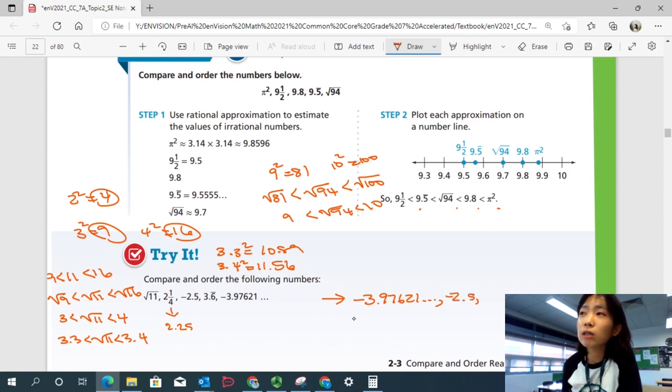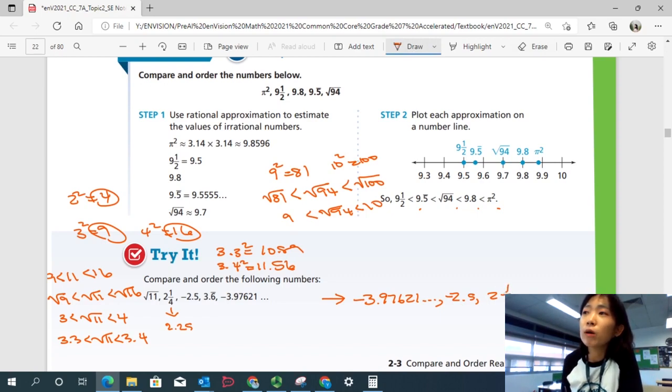And then all the others are positive. So which one comes first? Square root 11 is between 3.3 and 3.4. So it's probably about 3.3 something, right? So that means it's greater than 2.25. So 2.25 comes earlier, but we need to write the original form. So let's write 2 and 1/4.